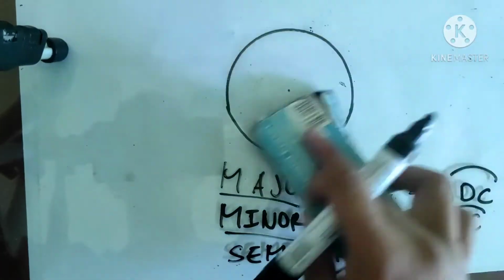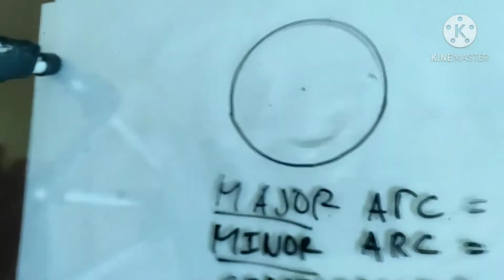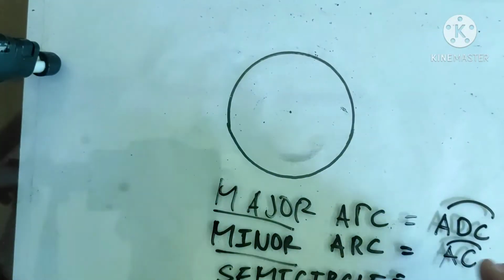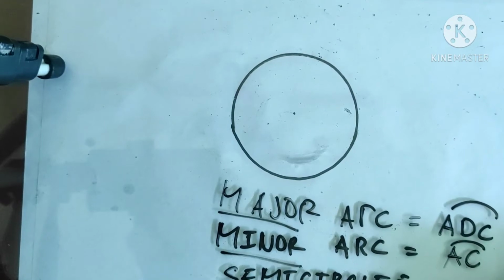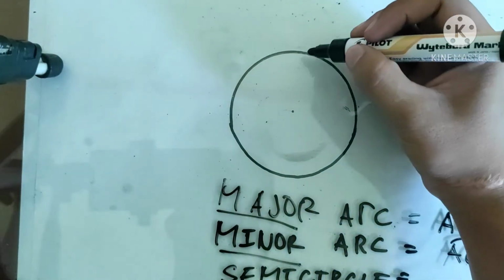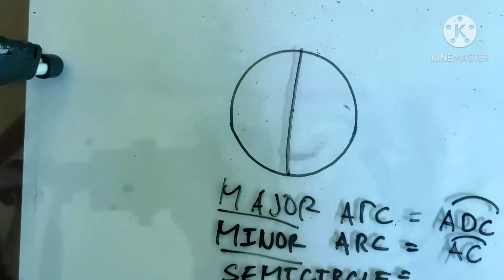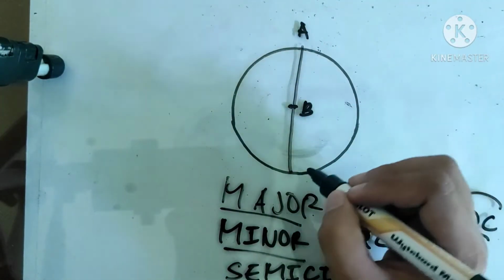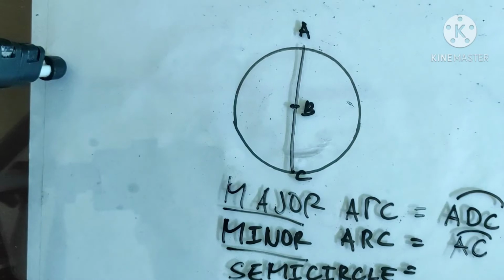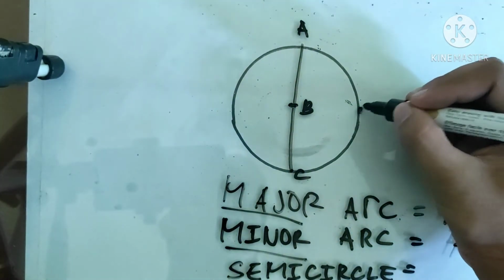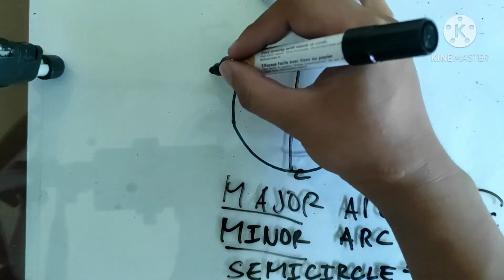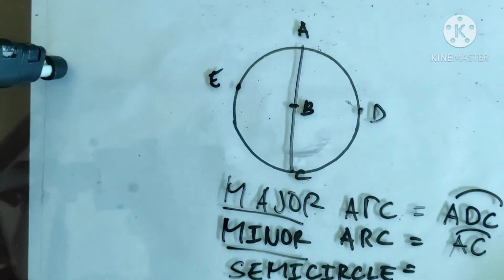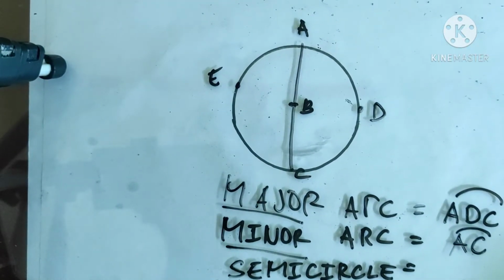No? Equal yung length ng dalawang arc. For example, ito. A, B, C. Okay? So, for example, equal. Okay? So, yan yung tinatawag natin na semicircle.